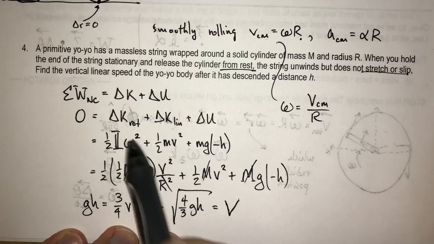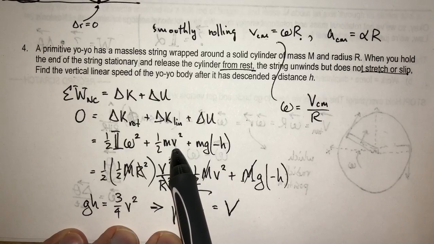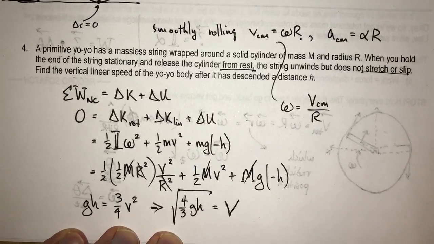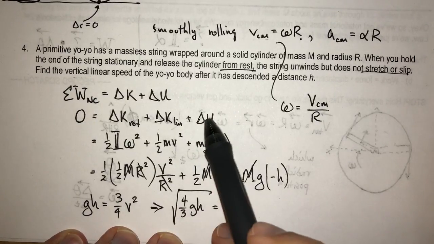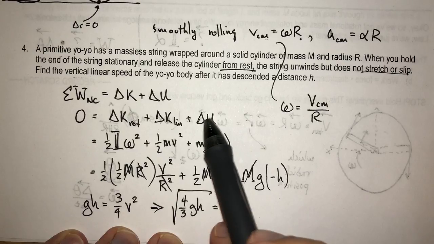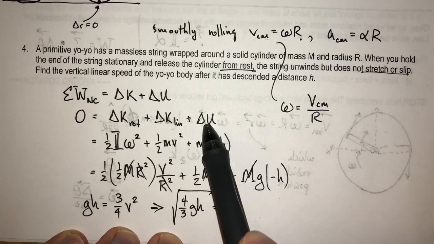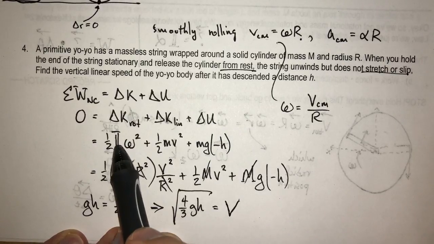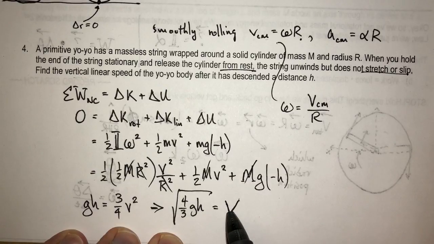Not all of it can go to the linear kinetic energy like it used to. Now we're rotating in addition to translating. So our linear speed is a little bit less.